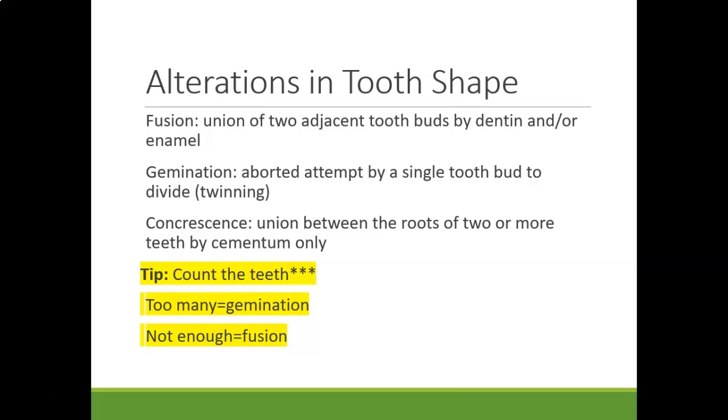If there are too many teeth, if you're seeing too many areas that look like cusps and broken down into like incisal edges, and you're counting it up and you're like, that's too many, then that's gemination. And then if you're seeing just like really large teeth and there's not enough teeth, like say there's only 3 mandibular incisors, but one of them is really big, then that's fusion.